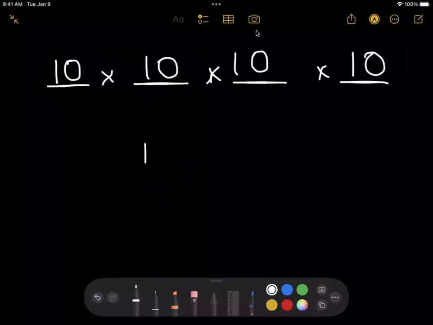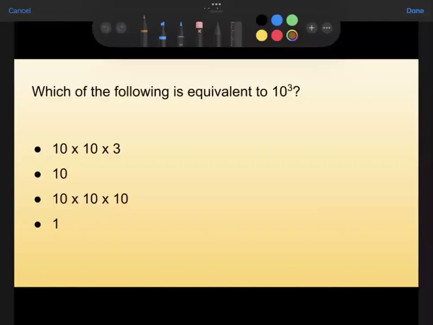So that means the regular size number is 10. That's the base. And the number of times we're multiplying that is 4 times. So this is 10 to the power of 4. So this is a power of 10. So that's what we're going to be focusing on today. We're going to be doing examples where we are writing powers of 10 and going back and forth between the expression and the power.